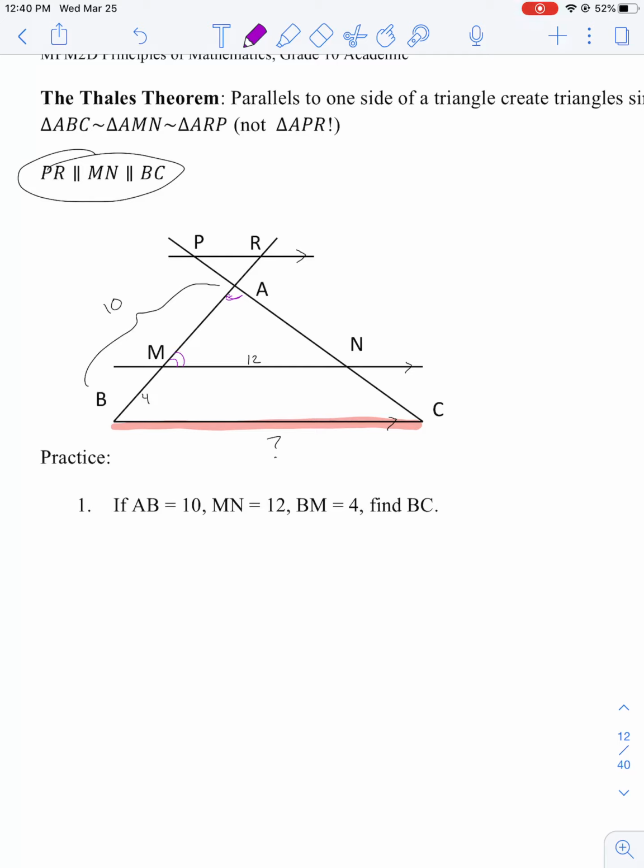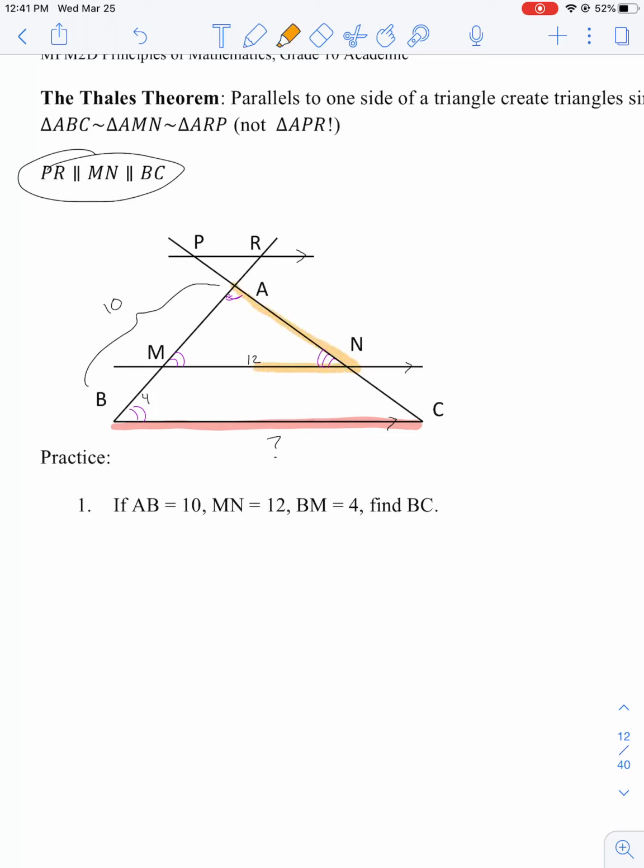judging by our F pattern, if we remember from previous lesson. So if I take a look, it's upside down, kind of backwards looking F, but that is indeed the F pattern, that the interior angles in an F pattern need to be equal. So those two angles need to be equal. Just going to erase that for now so it doesn't get too busy. And then thirdly, if I take a look at this angle here at point N, I can do the exact same thing, the F pattern.